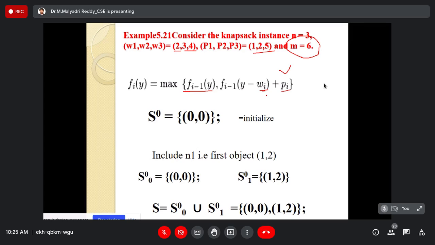We will pick the object which provides the maximum profit. Based on that, we have to pick all the items to fill the knapsack. That is the main idea. So initially take an empty bag.